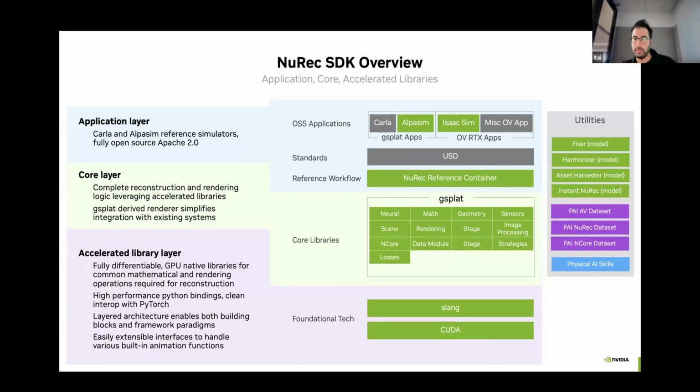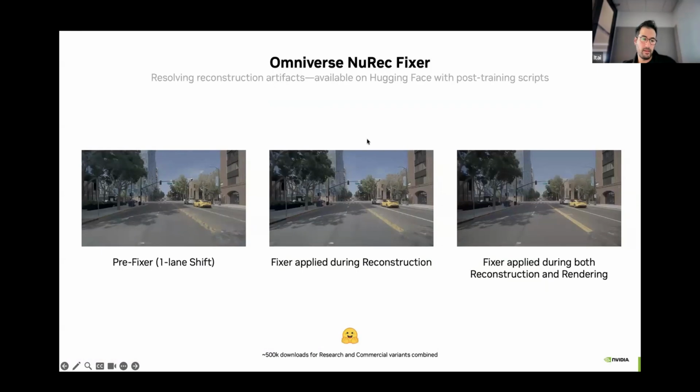We have open source applications that are leveraging our technology, but we're also very happy to work with ISVs and companies like Foretellix and Voxels that add a lot of value to the ecosystem and to developers leveraging these technologies. We also have models that I'll cover in a second, datasets that both Ron and Dan mentioned, and some physical AI skills.